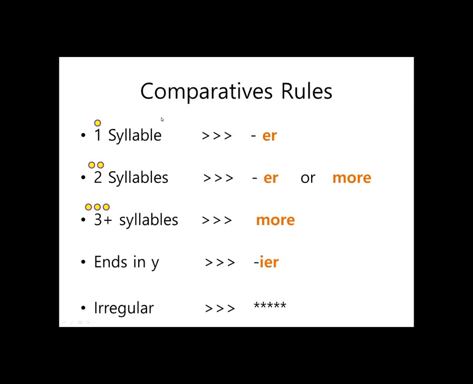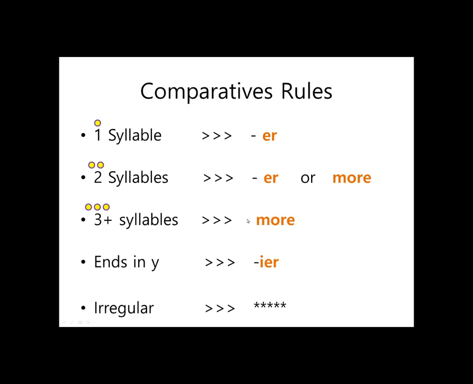Okay, so if an adjective has one syllable, we change the ending, we add er to the ending of the adjective. If an adjective has two syllables, we can add er, or we can put more before the adjective.